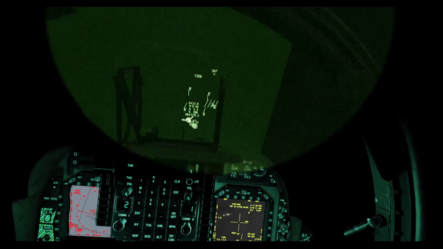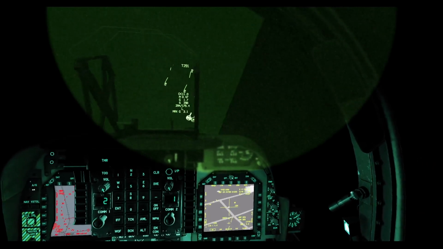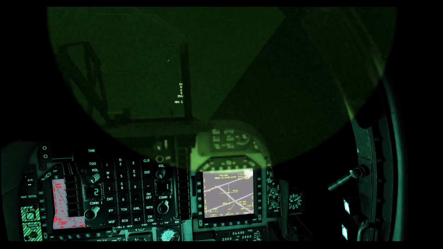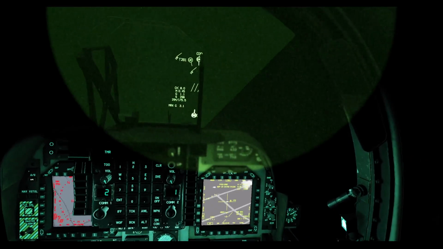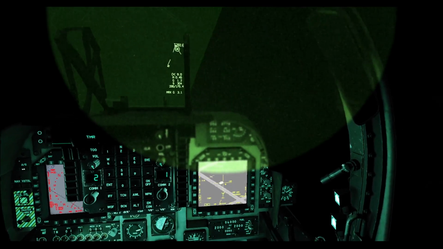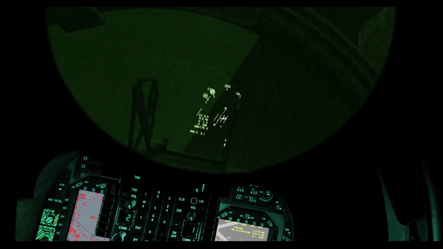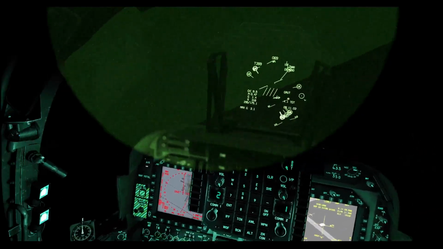Roger, laser on, code 1688. Contact or spot. And contact.